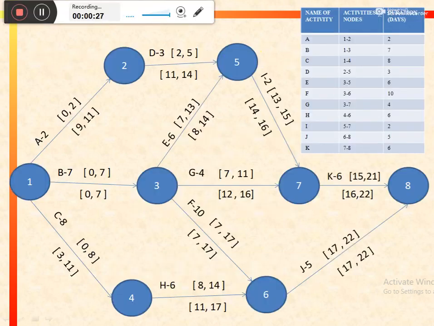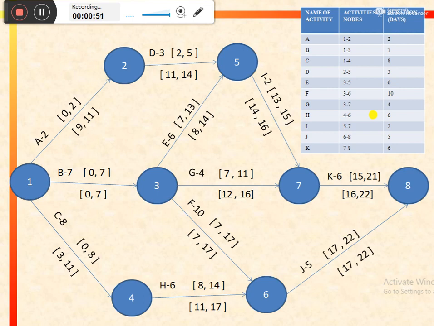In the previous videos of this lecture series we have discussed how to draw a network for the given activities of a particular project, and then we have calculated the earliest start and earliest finish times for different activities, and then we have calculated the latest start and latest finish times for different activities.